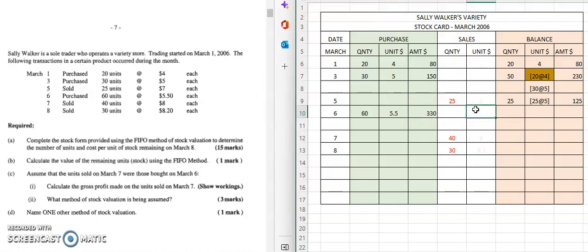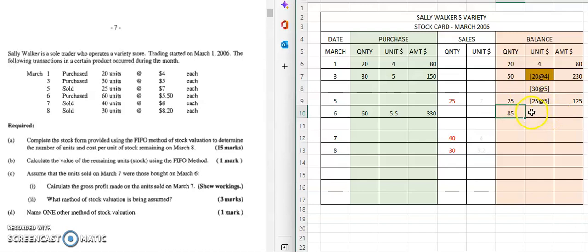So now she has 25 units here, because remember, she sold 5 of those. So she only has 25. So 25 plus 60 is 85. So she has 85 units.